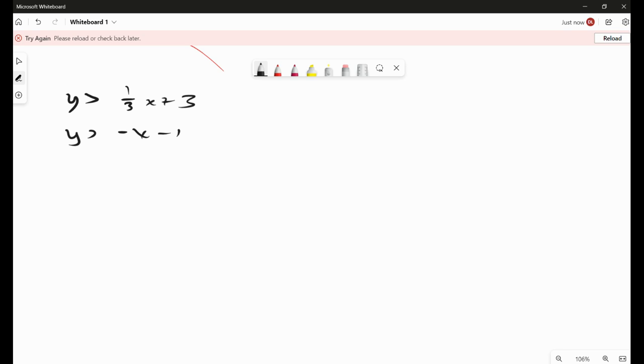Now I can graph this immediately because they're an inequality. So let's graph this first one. I got a plus 3, and that's a 1 over 3. So my slope is up 1 over 3.